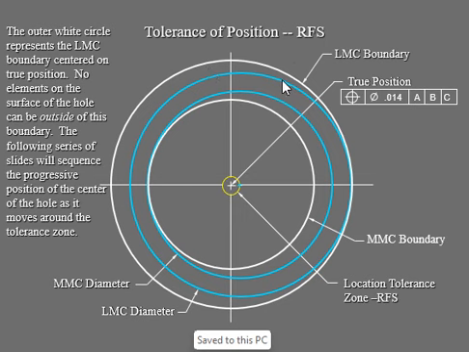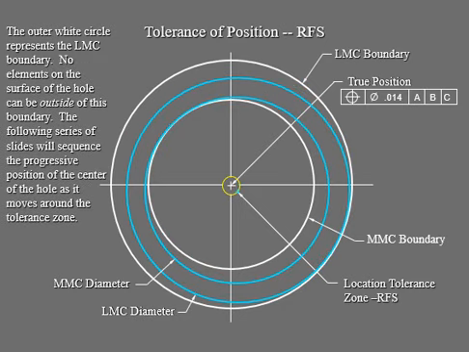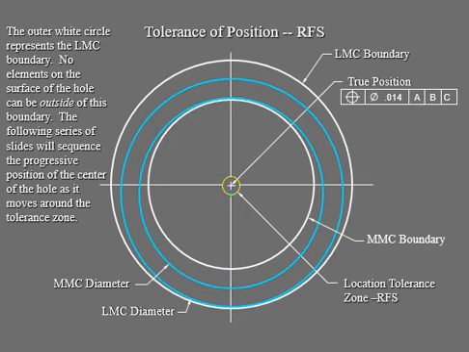Your LMC cannot go, meaning the whole diameter cannot go over that boundary, okay? But then again, we're not dealing with LMC or MMC, so your RFS has to be free of those material conditions. This is just showing you how it's not actually happening on your part. Your part is without the LMC or MMC. This is just showing where they could have been.